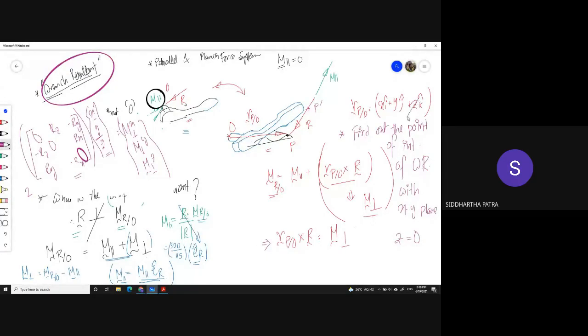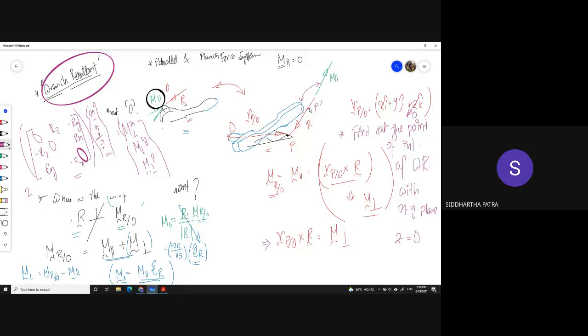So set this to 0 and find the position vector of the point of intersection of the range resultant, which is this resultant force and this moment in parallel together.